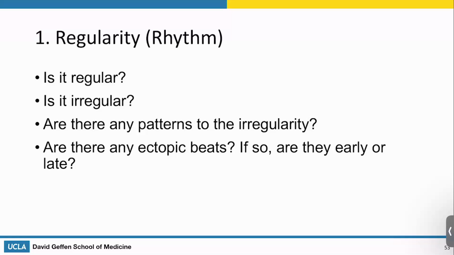And then those irregularities could actually be ectopic beats. An ectopic beat is a beat coming from an abnormal area of the heart, somewhere it shouldn't be coming from. So you have your premature atrial contractions, your premature junctional contractions, and your premature ventricular contractions.